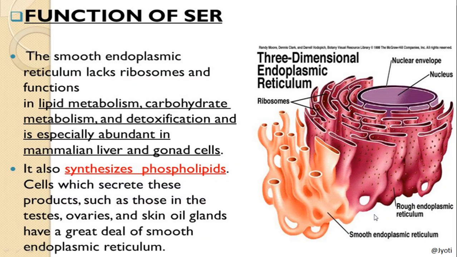Okay, so very clearly you can distinguish the rough endoplasmic reticulum and smooth endoplasmic reticulum, the structure of tubules, the components of rough and smooth endoplasmic reticulum are very much clear here.